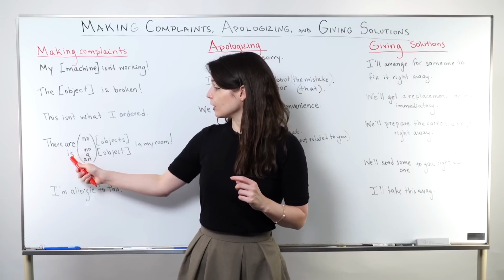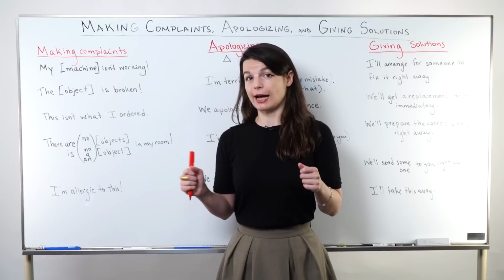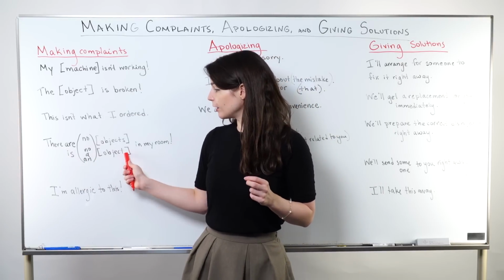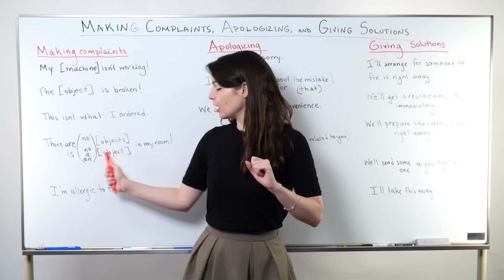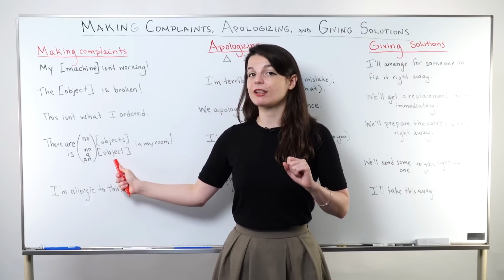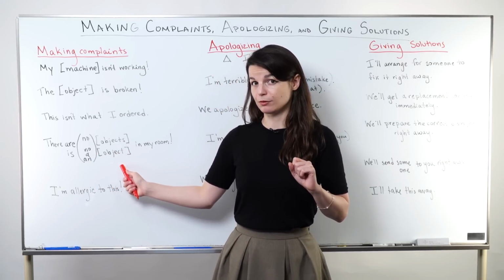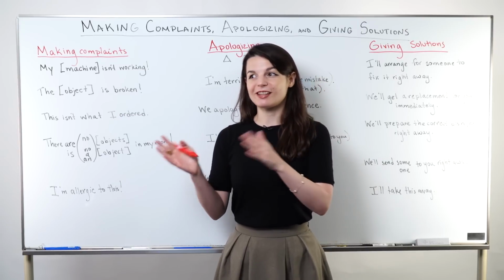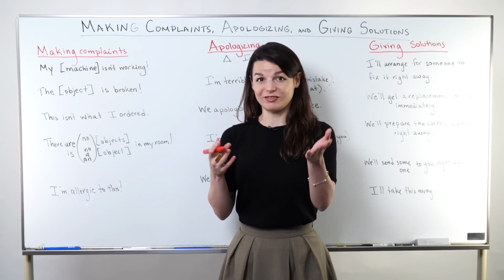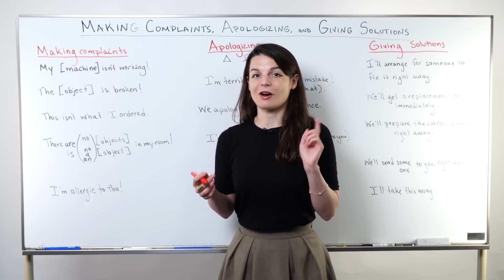Then, if we need to talk about a single item, we need to use this pattern, but we also need to use an article, "a" or "an," before the object if it is a countable noun. For more about countable and uncountable nouns, please check the countable nouns and uncountable nouns videos on our YouTube channel or on our website.